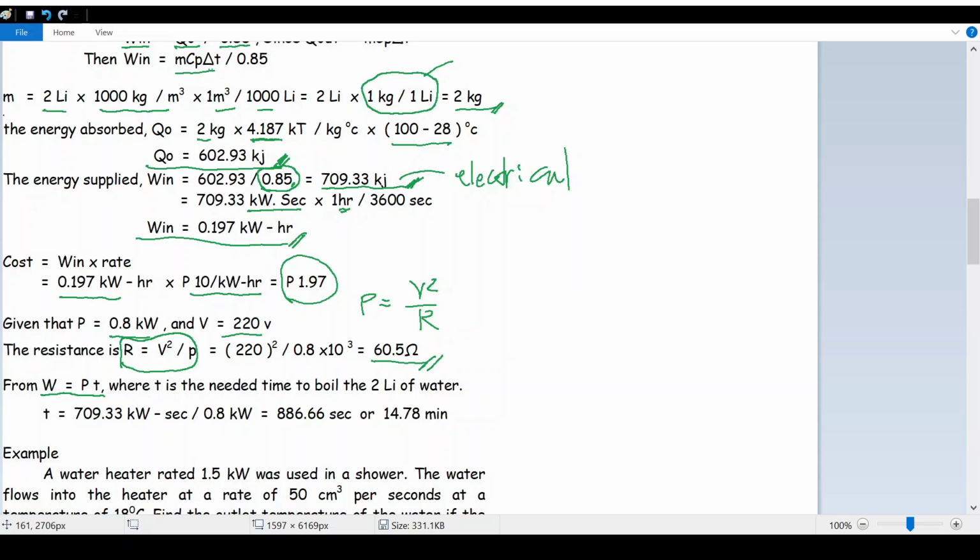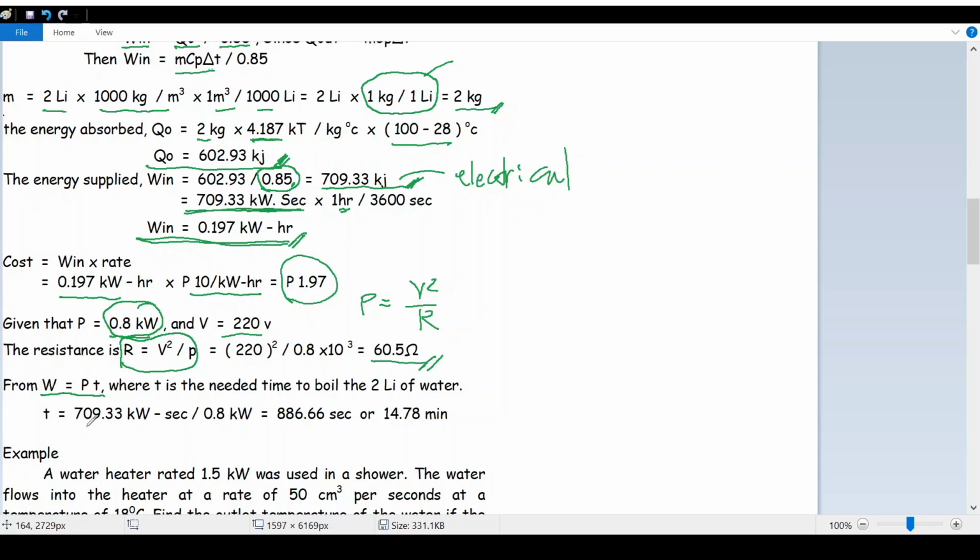And since the rating of the heater is given, which is 0.8 kilowatt, and the electrical energy used is 0.197 kilowatt hour, but instead of using the kilowatt hour, it would be better to use the kilowatt seconds.